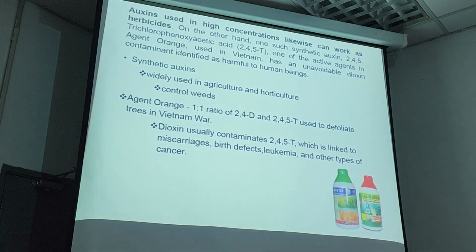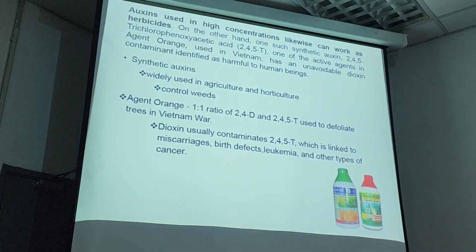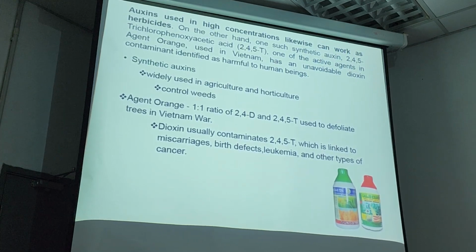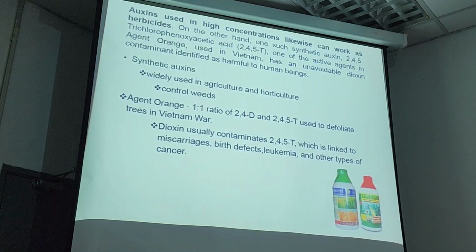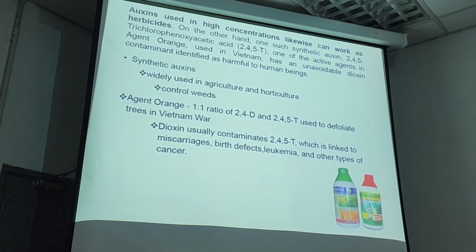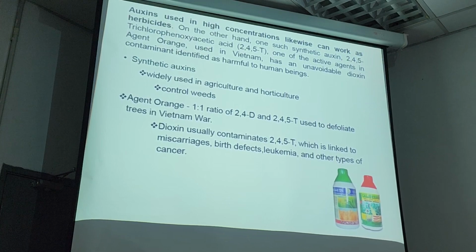This caused the effect of defoliation during the Vietnam War. When this happened, why is it called Orange? What is orange in color? The foliage. Yeah, originally the whole forest looked green. Before the leaves fall down, they turn orange first. They undergo chlorosis.